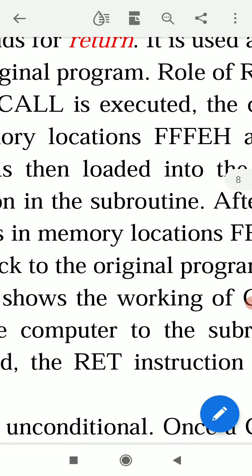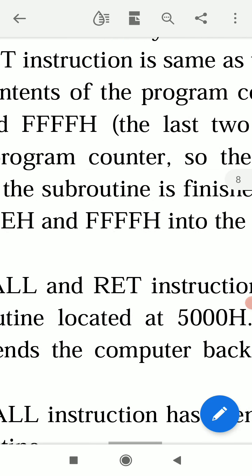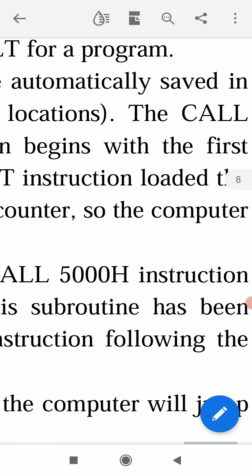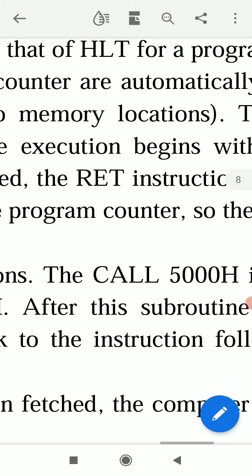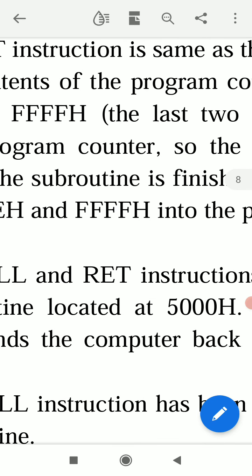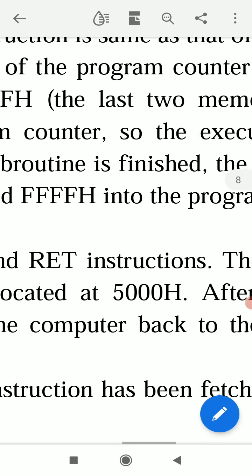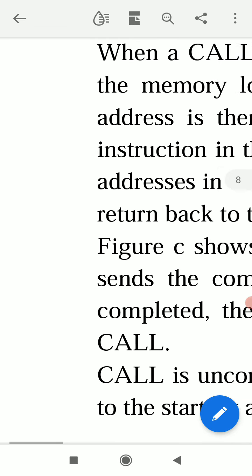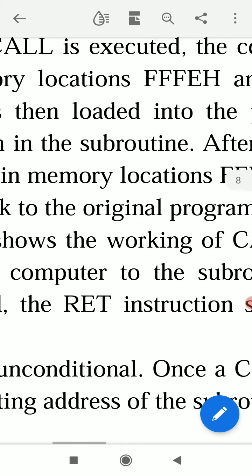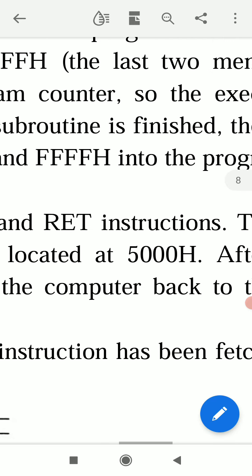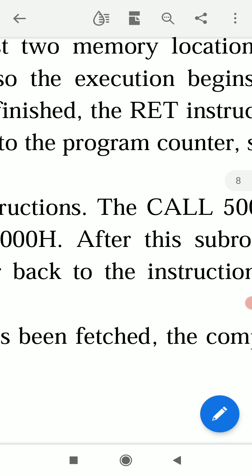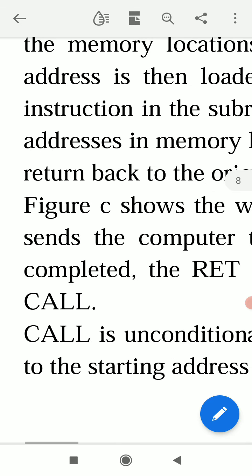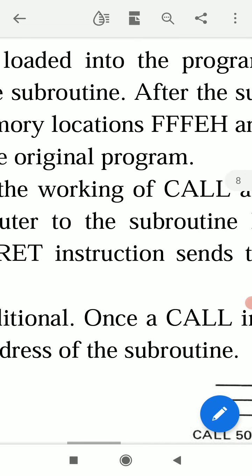When a call is executed, the contents of the program counter are automatically saved in these last two memory locations. The call address is then loaded into the program counter, so the execution begins with the first instruction in the subroutine.